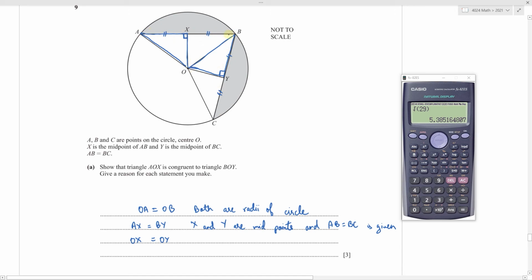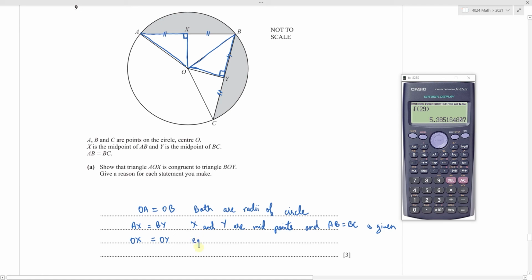Since chord AB is the same length as BC, their perpendicular distances from the center will be the same. So the perpendicular distance of AB from the center is OX, and of BC from the center is OY. And these distances are equal because the chords are equal in length, which is given. So OX equals OY.